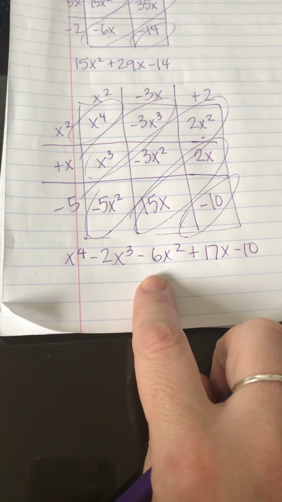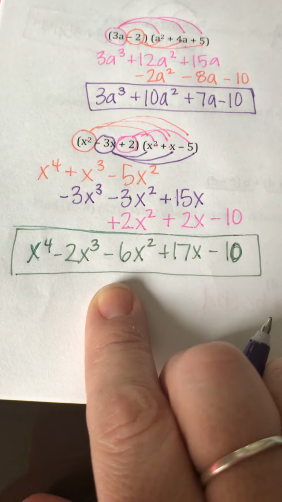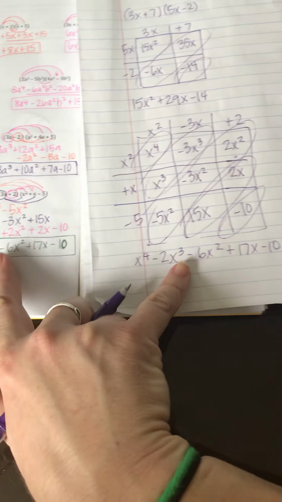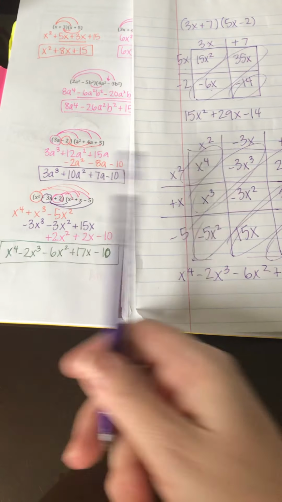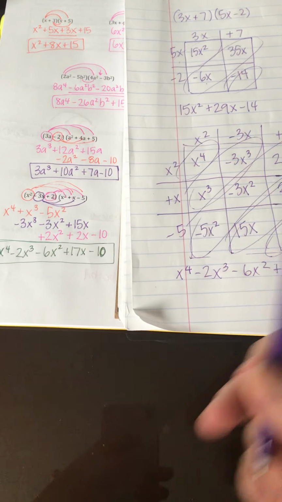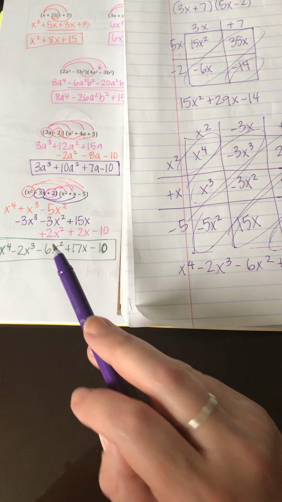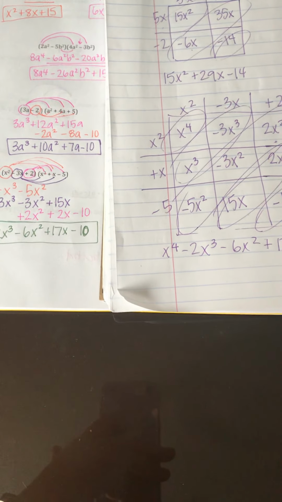Okay, and again, this is the same solution as this right here. But you have an option. Which of these strategies makes the most sense to you? Which one works the best? You're welcome to use either one. It doesn't matter to me as long as you have a strategy that you're comfortable with and that you feel confident replicating in different problems.